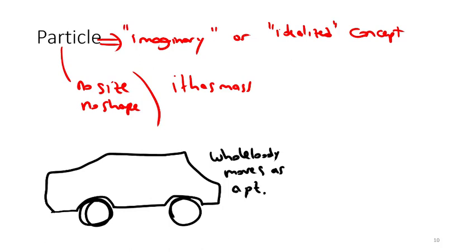Okay, it's not a point. The car has dimensions and a shape, but we assume it as a particle. And instead of a car, we say that this is a point. But this point has the mass of the car, but it doesn't have the size and the shape of the car.